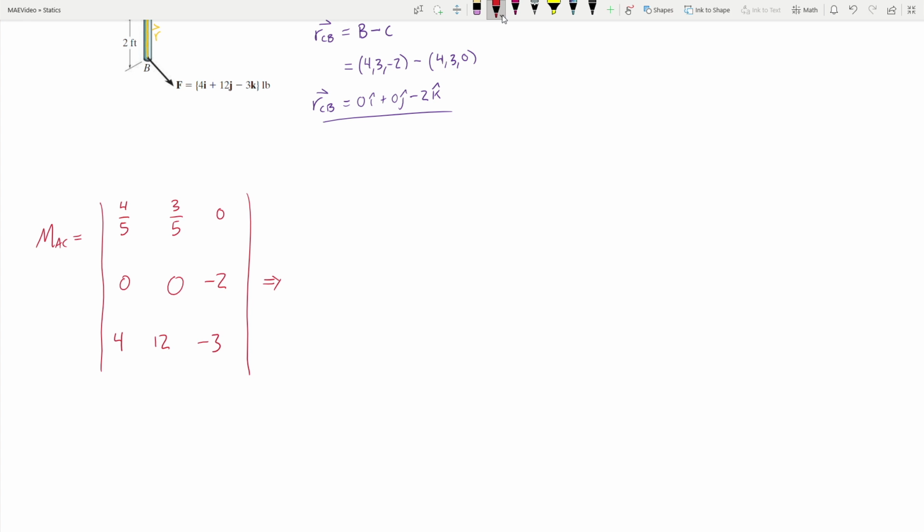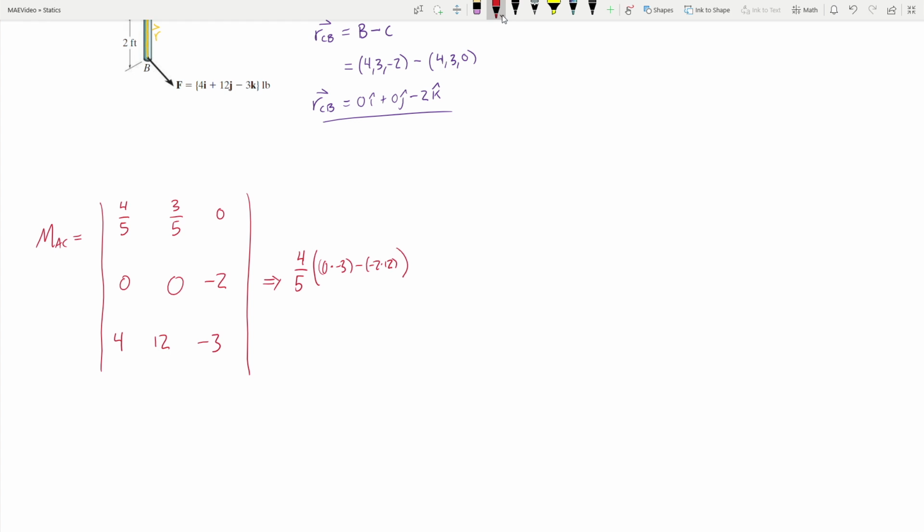Now from here, we're just going to solve this determinant. So let's change the color one more time. Okay, so our first entry is going to be 4/5 times, so let's cross these out, 0 times -3 minus -2 times 12. Okay.